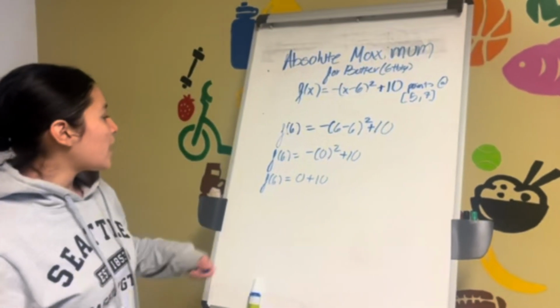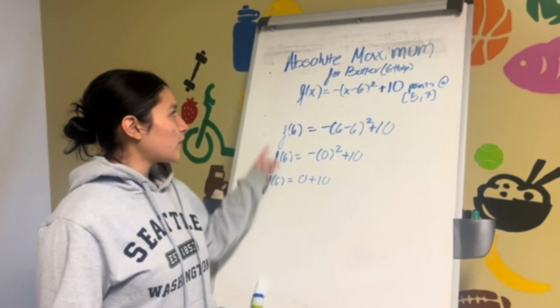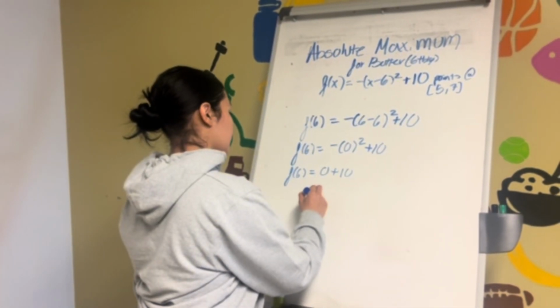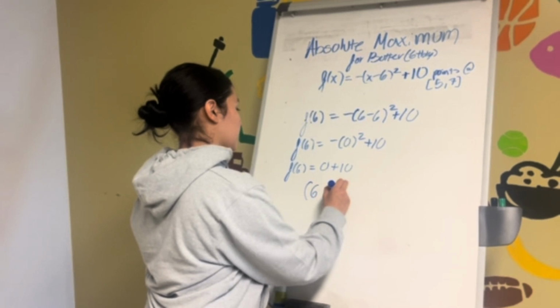Now we know that f of 6 is the absolute maximum when x equals 6 and y equals 10.